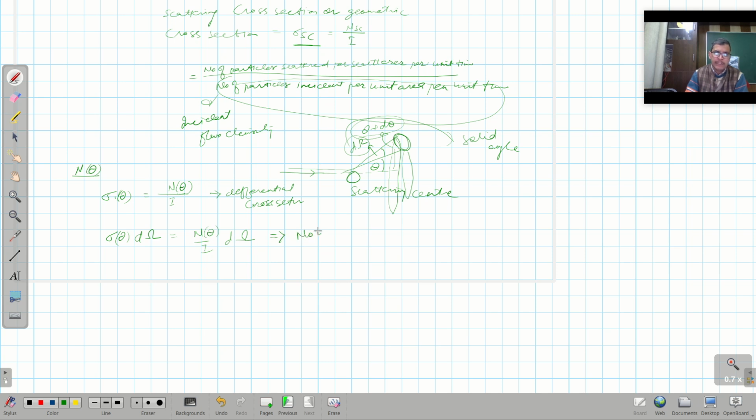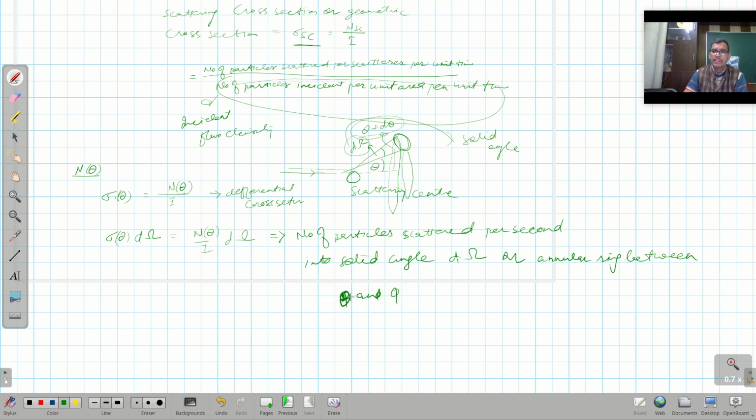This is basically the number of particles scattered per second into the solid angle d omega, or the annular ring between theta and theta plus d theta.